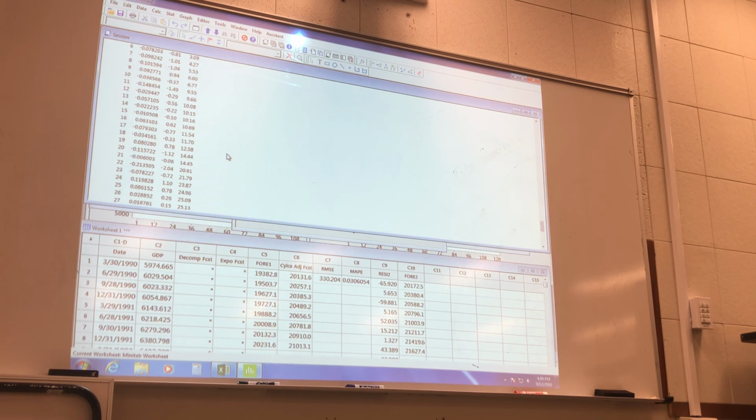You gotta get them close though. How many variables am I trying? I tried like 19 different ones, and none of them would get it. Well, you know, there's different combinations.